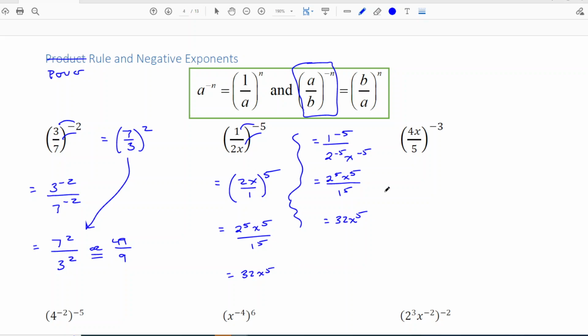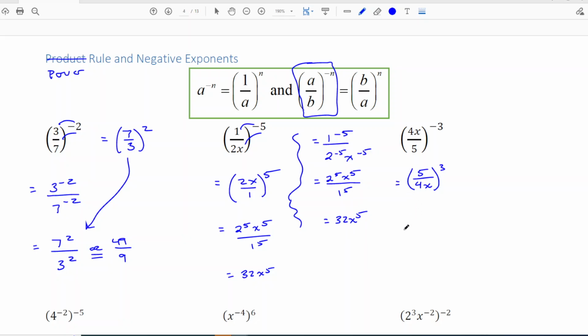So pause the video and give this one a go. See what you want to do. Do you want to flip the fraction, make the exponent positive, or do you want to distribute that negative exponent and then just move everything accordingly? Totally up to you. I do find it a little bit cleaner if you flip it, but it doesn't matter.